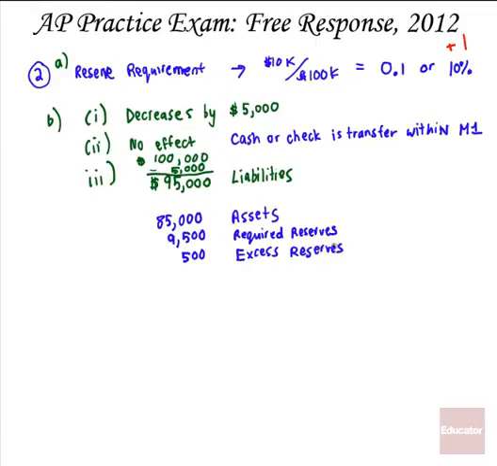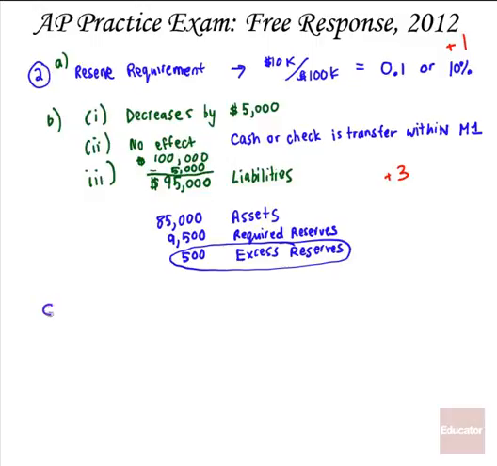So the new value of the excess reserves is not going to be $5,000. Remember, that was withdrawn, but now it's only going to be $500. If you get all three of these right for part B, then that's 3 points.